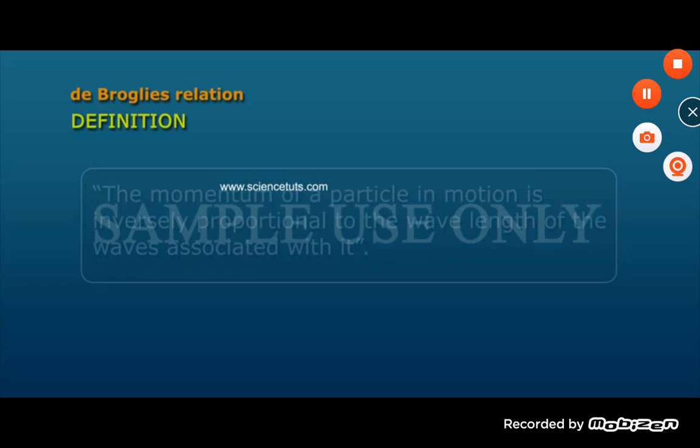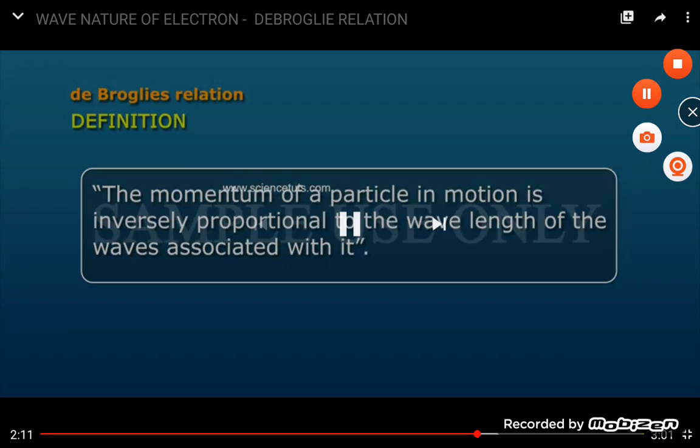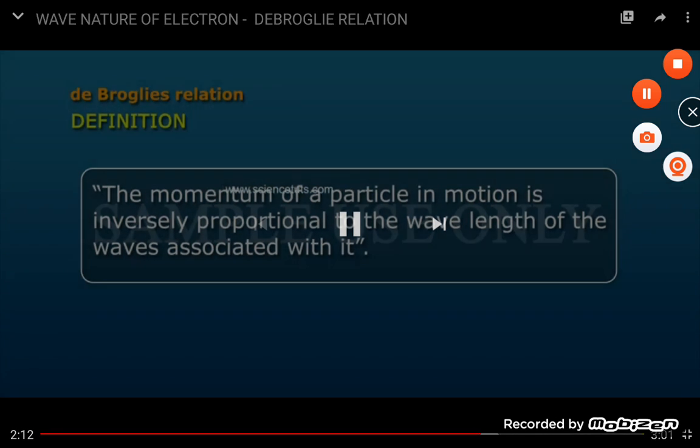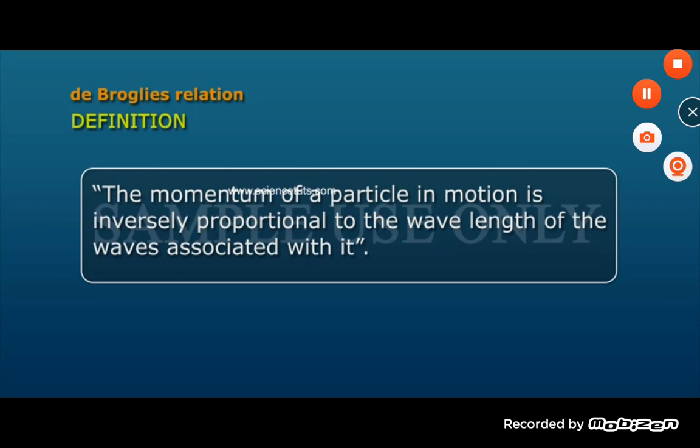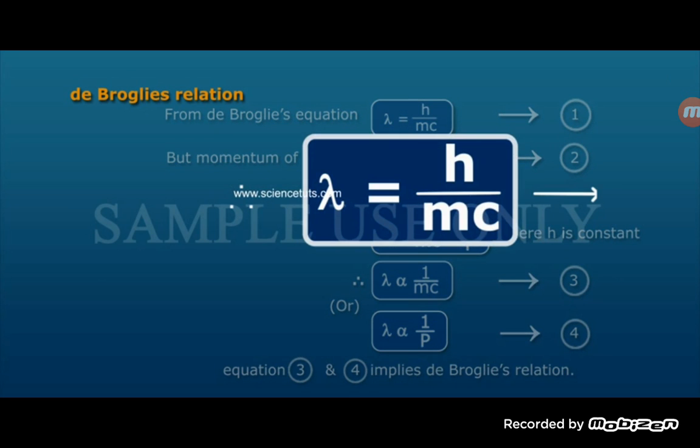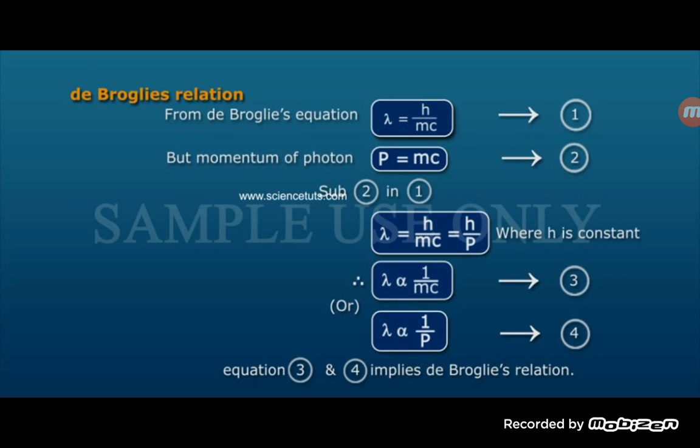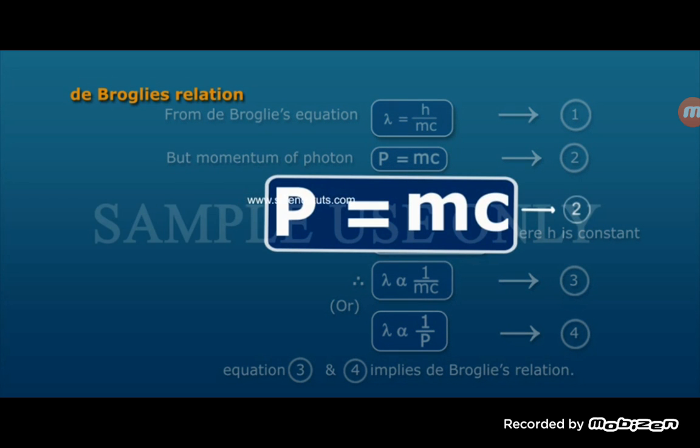De Broglie relation. Definition: the momentum of a particle in motion is inversely proportional to the wavelength of the waves associated with it. From de Broglie's equation, lambda is equal to h by mc, equation 1. But momentum of photon, p, is equal to mc, equation 2.